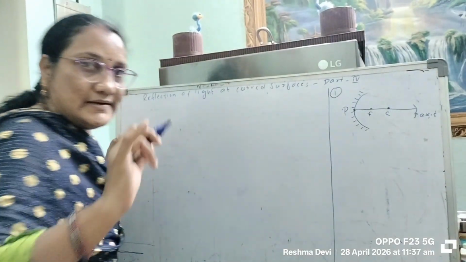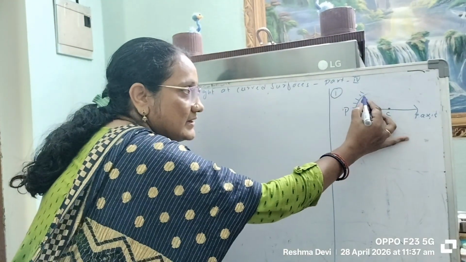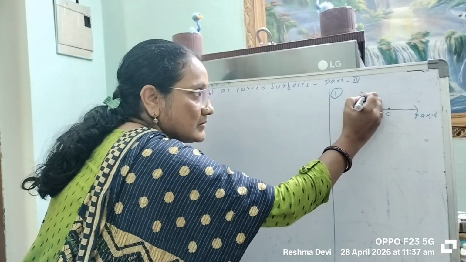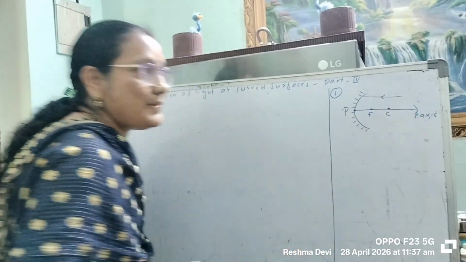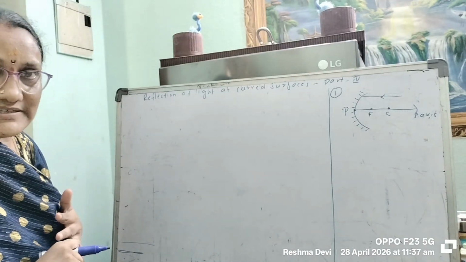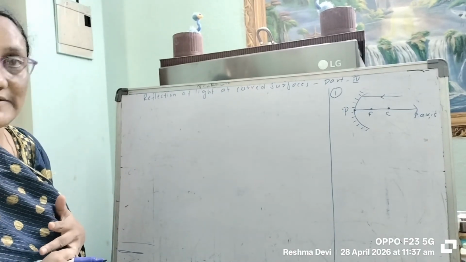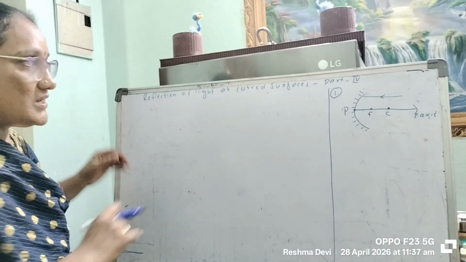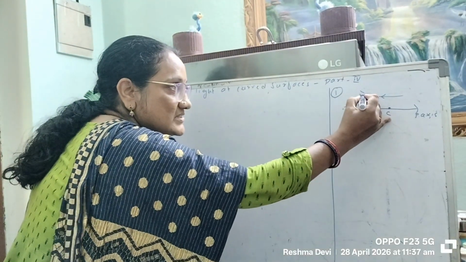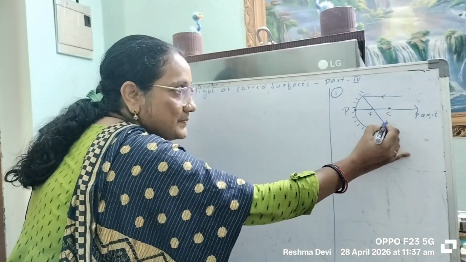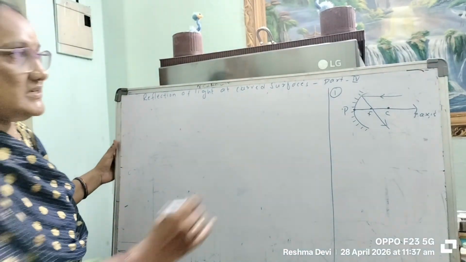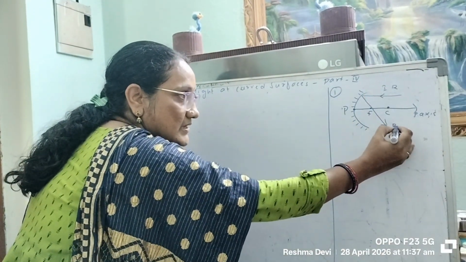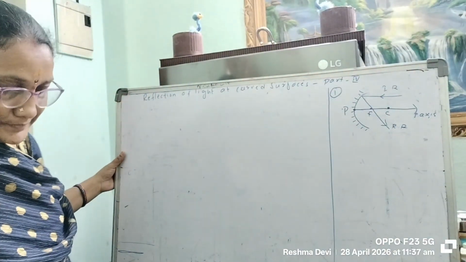Then let us take a light ray coming parallel to the principal axis. After incident on the reflecting surface of the concave mirror, it reflects and passes through the focus. This is the incident ray, and a reflected ray.